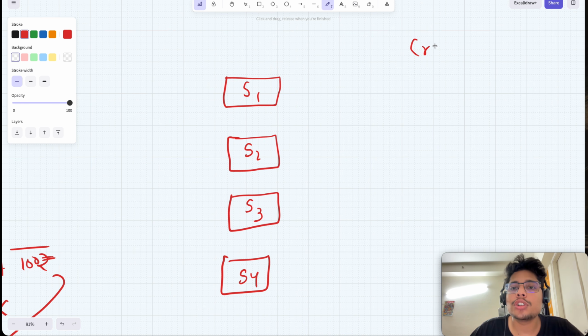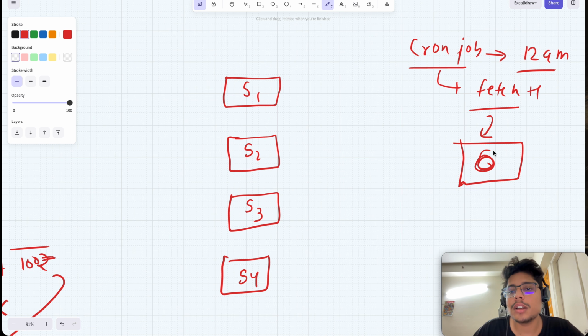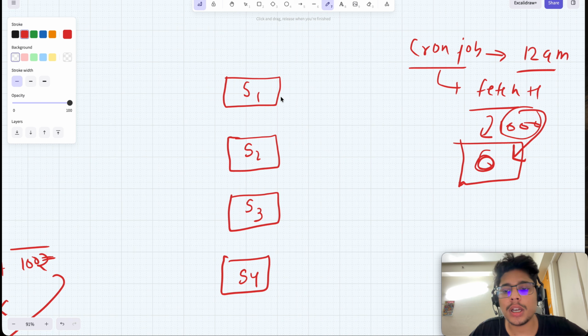Now you have a cron job that is scheduled at 12 a.m. at night, and it has to fetch the data from the servers and display all the new t-shirts. Okay, let's suppose it just fetches the account balance and pings the message to the mail.